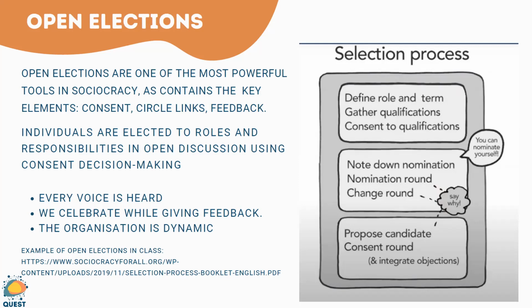It's a way of giving feedback that keeps the organization very dynamic. Now that I've explained it, it seems complicated, but when you do it with students, even small children, it's very easy to put in place. I also leave you a link to a PDF that explains in detail how to do sociocratic elections in classes.